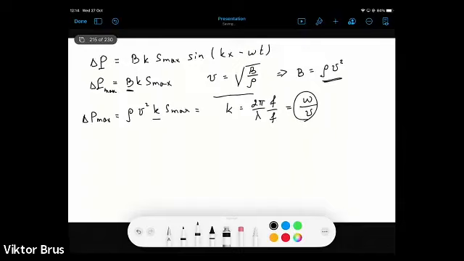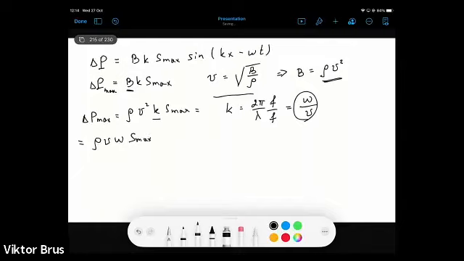So we end up with the following equation. It will be density times V, because we cancel this square and this V in the denominator, times omega, which is angular frequency, and times S max.